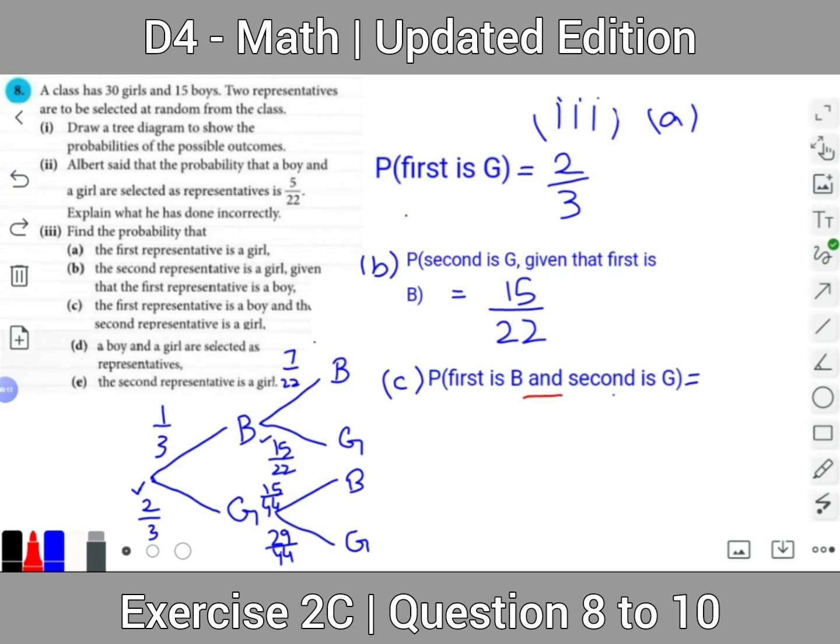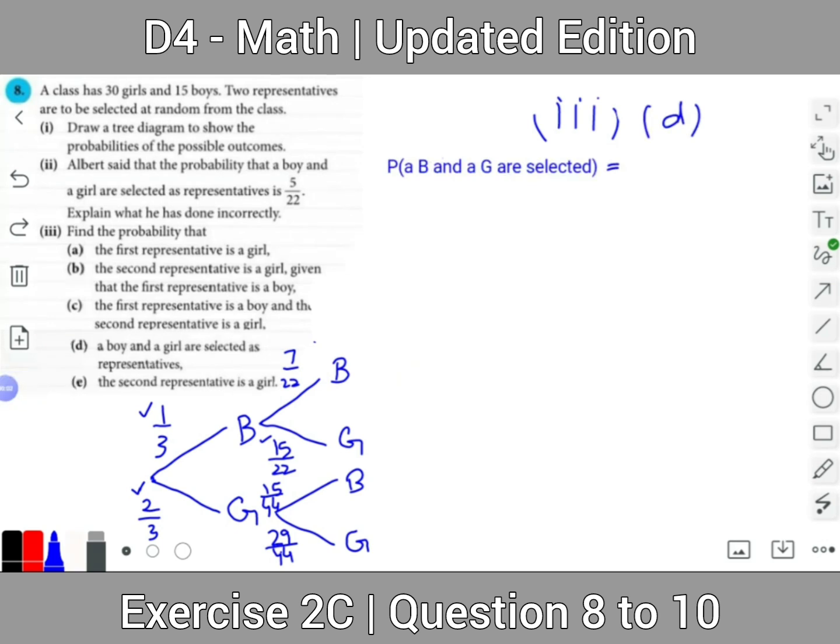From the tree diagram, the probability that the first is B is 1/3, multiplied by the probability that the second is G, which is 15/22, and after simplification it becomes 5/22. So the probability that the first is B and the second is G is equal to 5/22.